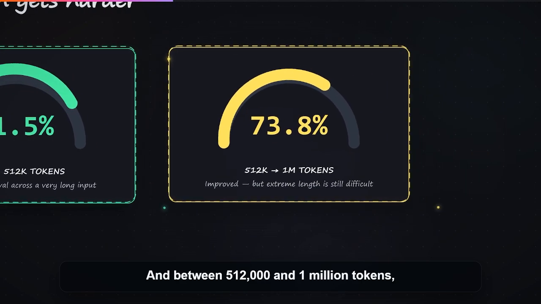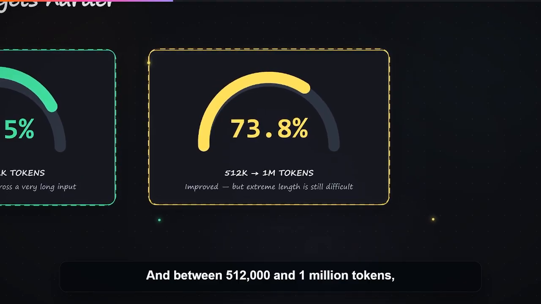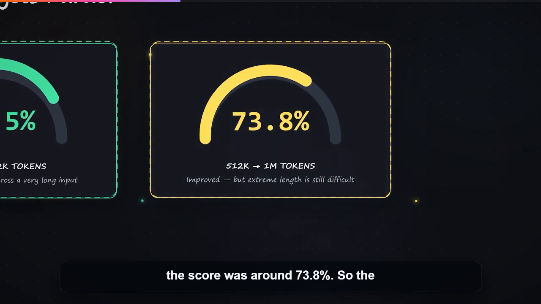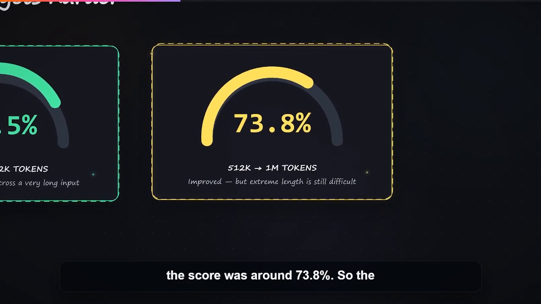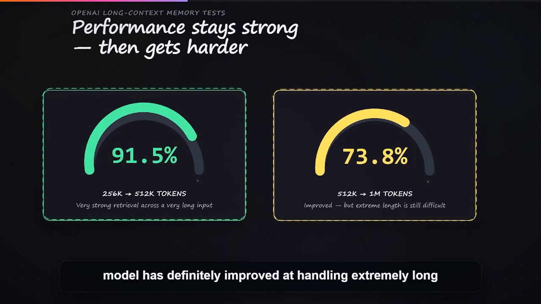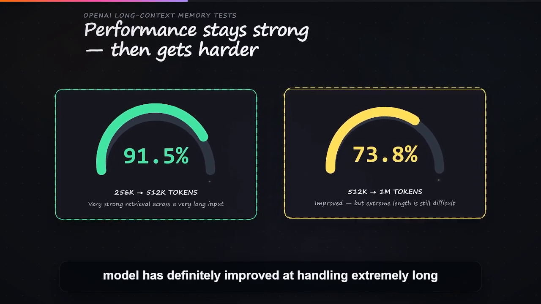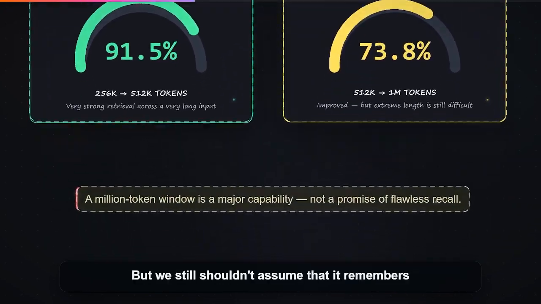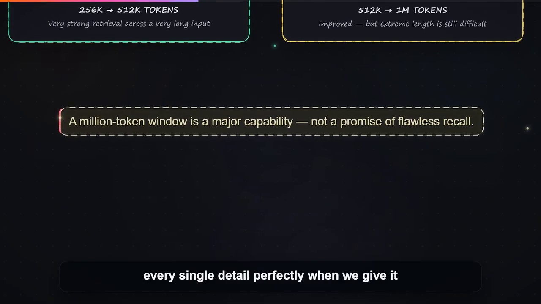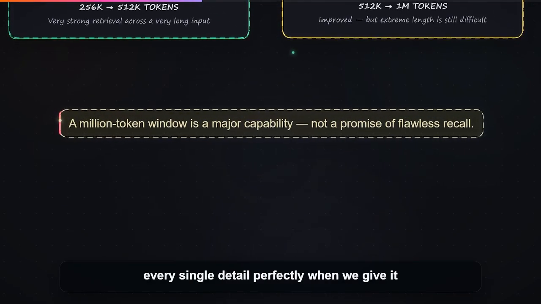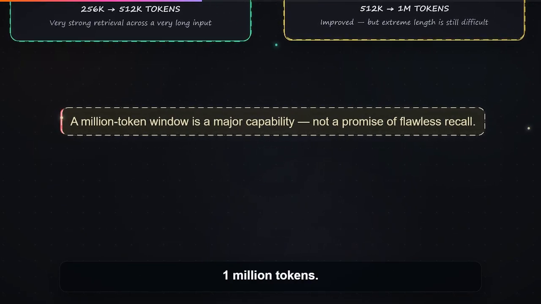And between 512,000 and 1 million tokens, the score was around 73.8%. So the model has definitely improved at handling extremely long inputs. But we still shouldn't assume that it remembers every single detail perfectly when we give it 1 million tokens.